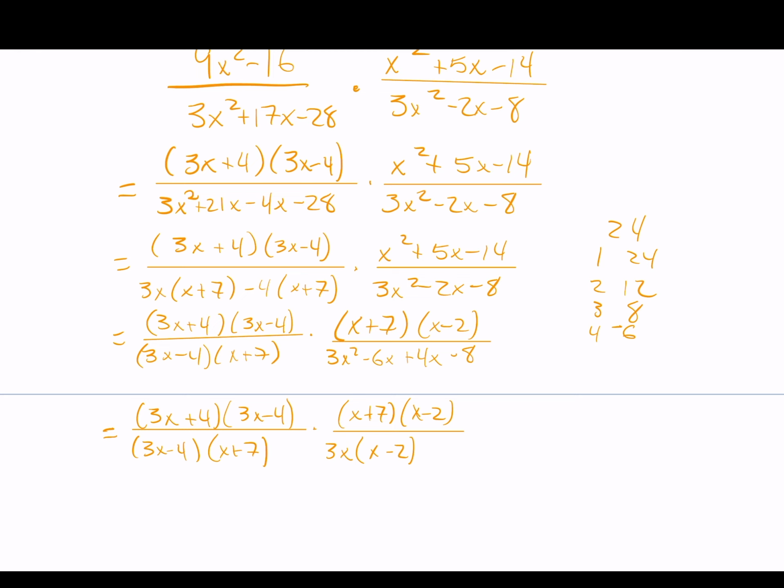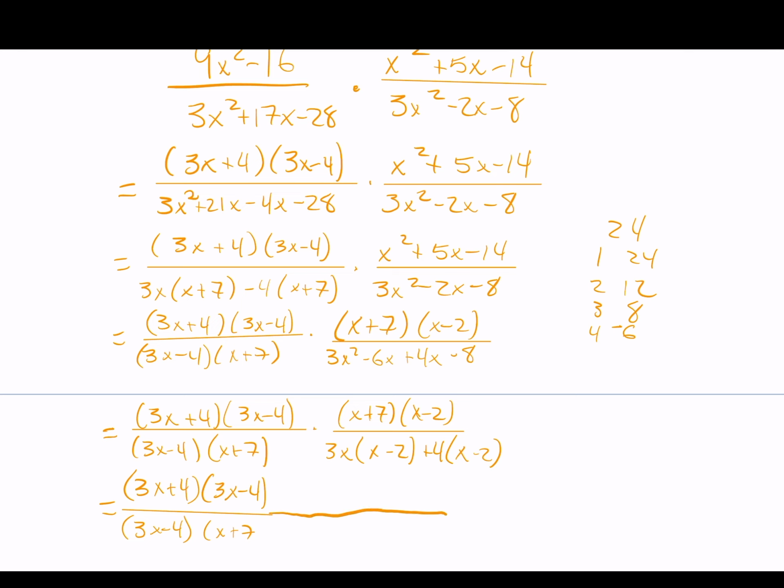And we can factor out a 4, that gives us x minus 2. There we go. And then one more simplification step before we start to cancel. We can rewrite that as 3x plus 4, 3x minus 4, 3x minus 4, x plus 7.